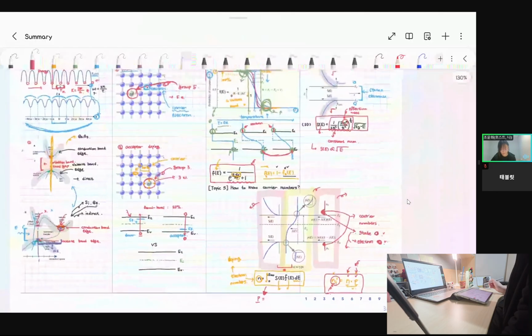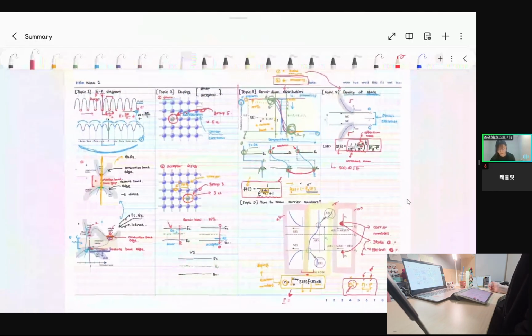So this time we learned about the E-k diagram and what doping means, and we also know how to calculate the carrier numbers.